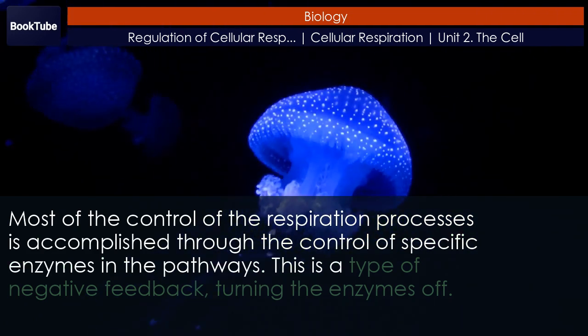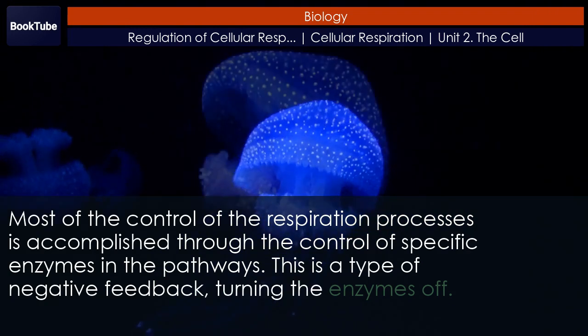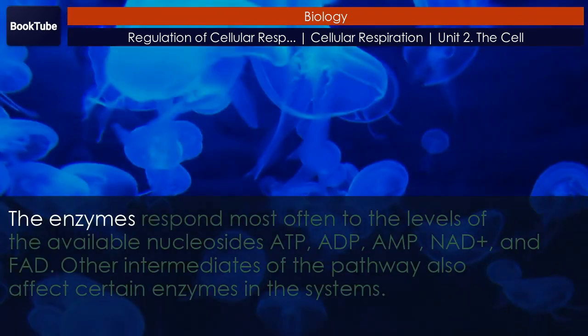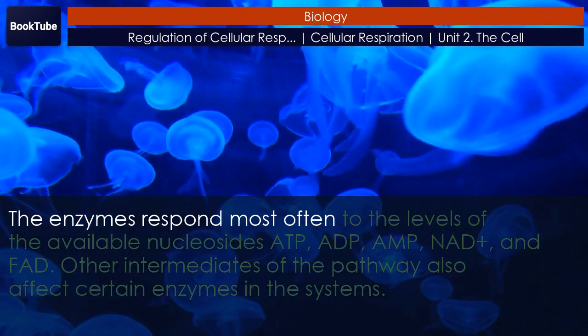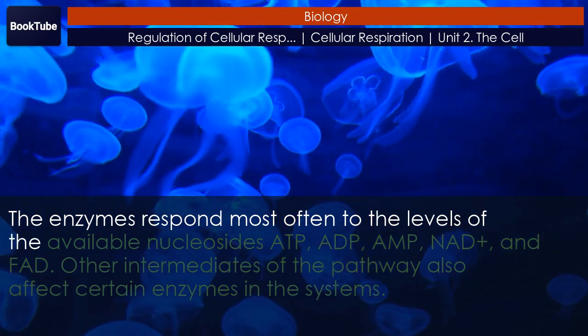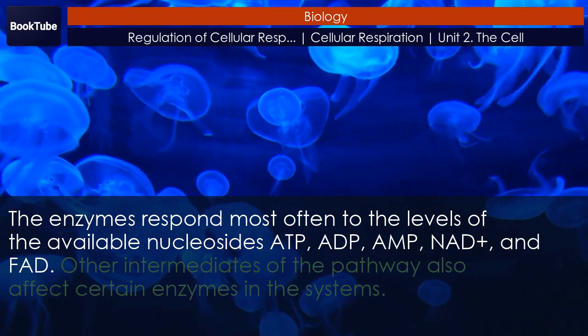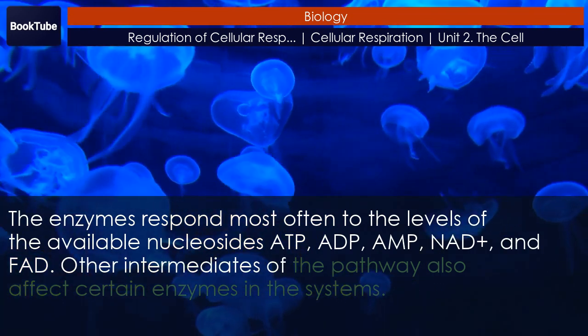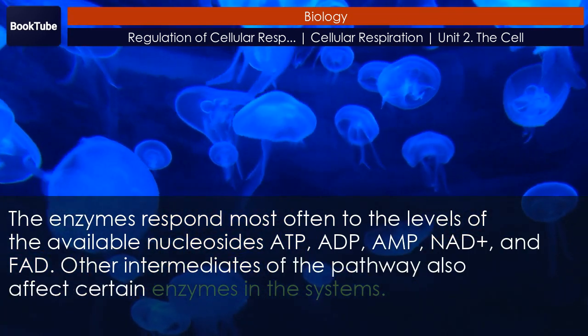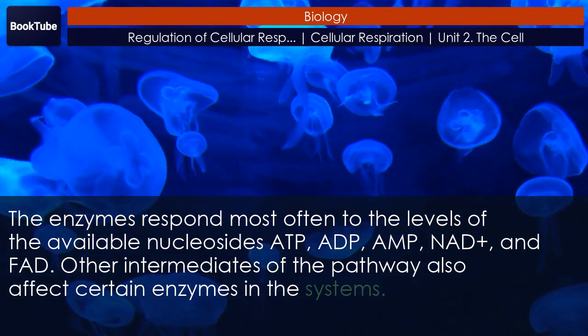This is a type of negative feedback, turning the enzymes off. The enzymes respond most often to the levels of the available nucleosides ATP, ADP, AMP, NAD+, and FAD. Other intermediates of the pathway also affect certain enzymes in the systems.